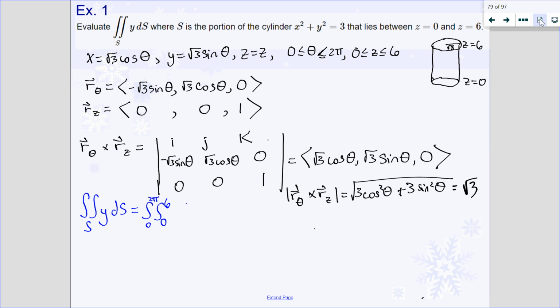And now what I need to do is plug in y. y is radical 3 sine theta, so I'll plug that in.